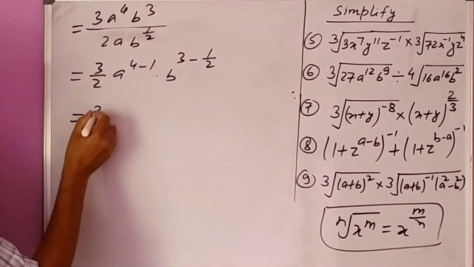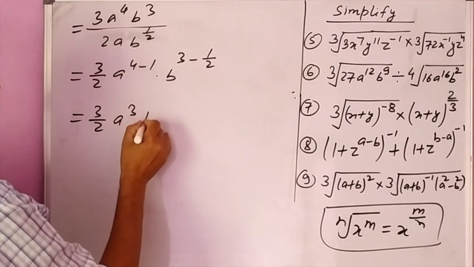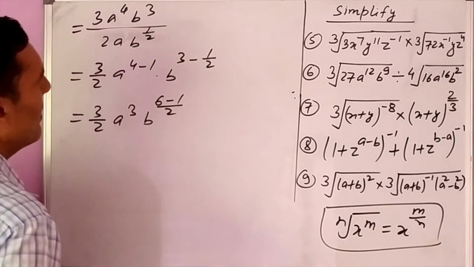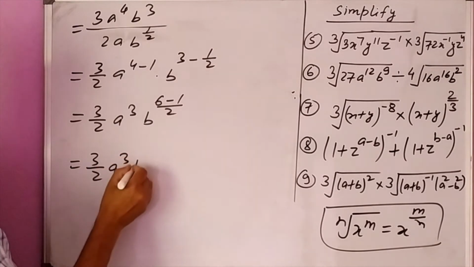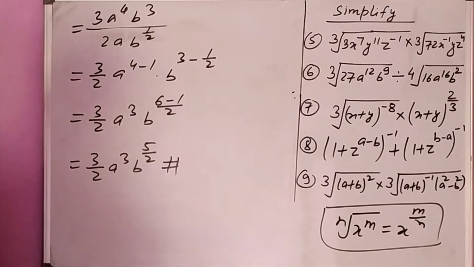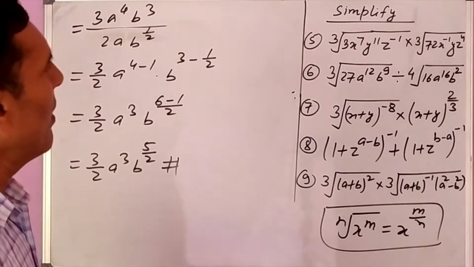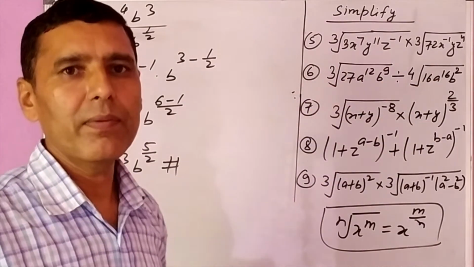So we get here 3 by 2, a to the power 3, and b to the power, it is 6 minus 1 by 2 if we take the LCM. So 3 upon 2, a cube b to the power 5 upon 2. So this is the answer of question number 6, because here the orders of the numerator and denominator are not the same.